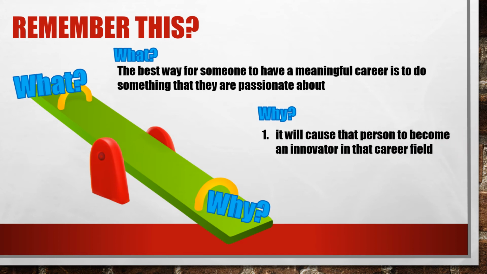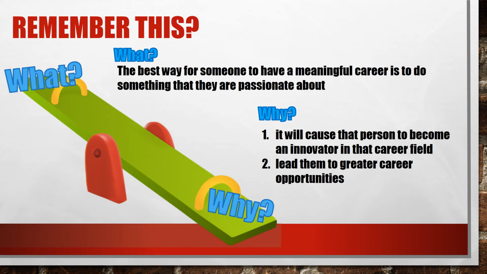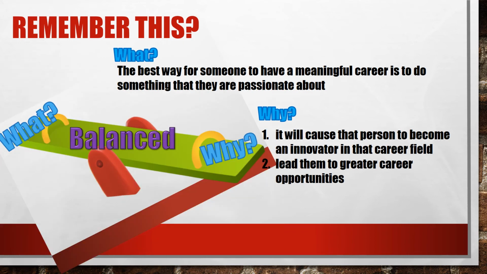First, because it will cause the person to become an innovator in that career field. And secondly, it will lead them to greater career opportunities. Since the thesis statement establishes a position on a topic and has reasons for that position, the thesis is effectively balanced.